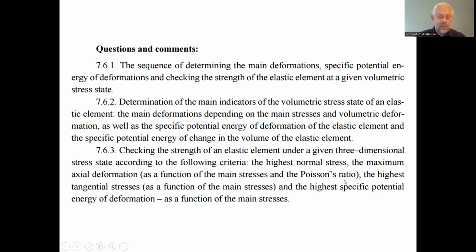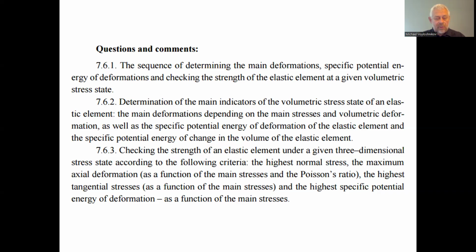When we find the deformations, epsilons, by the formula, we can find the maximal of the deformations, one of 3 in the main directions of application of the main normal stresses. In the brackets in the formula for finding the maximal deformation, we can find the equivalent normal stress to compare with the permissible level of stress. This would be the check by the hypothesis of the maximal axial deformations.